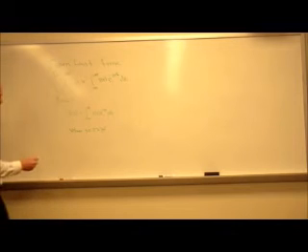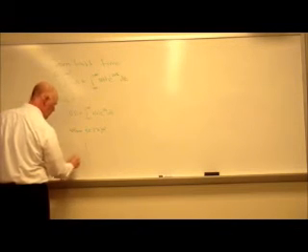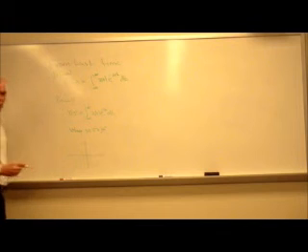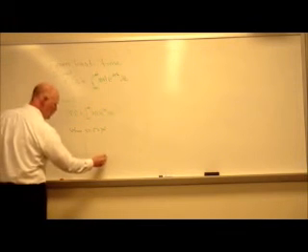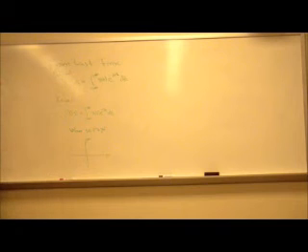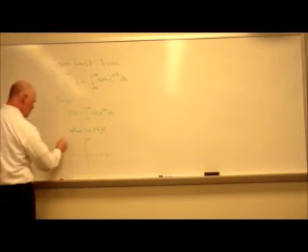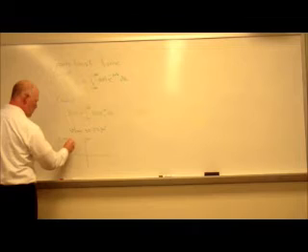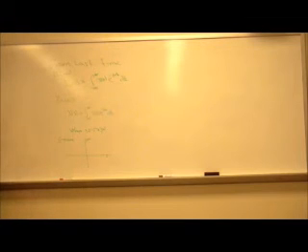So the S domain was a two-dimensional space where it's sigma on one axis, j omega on the other axis. So this is my S plane. And it turns out control people and things like that like to work in the S domain, the S plane, because it tells you about stability of the system.